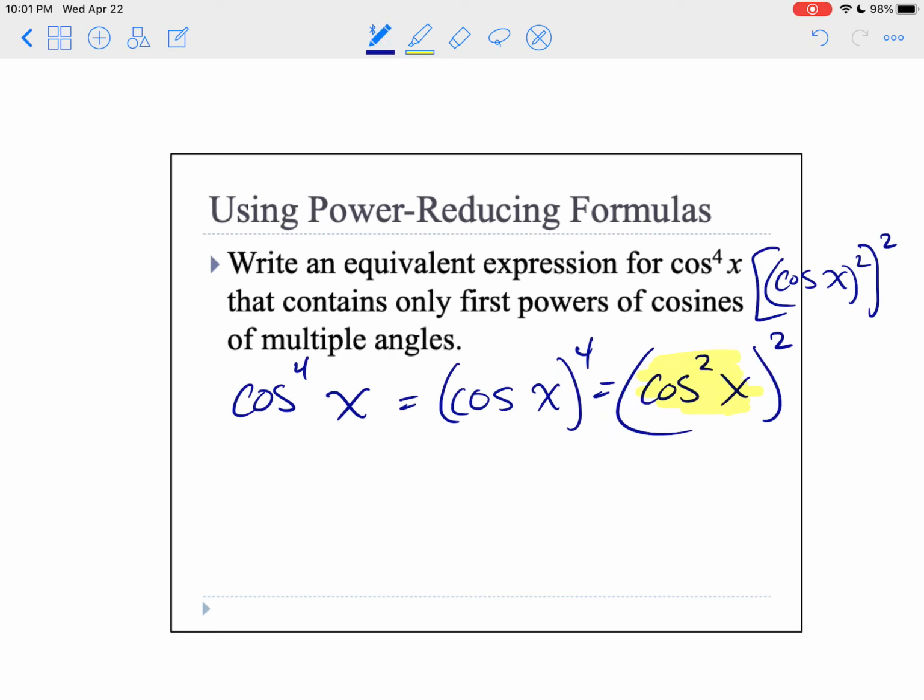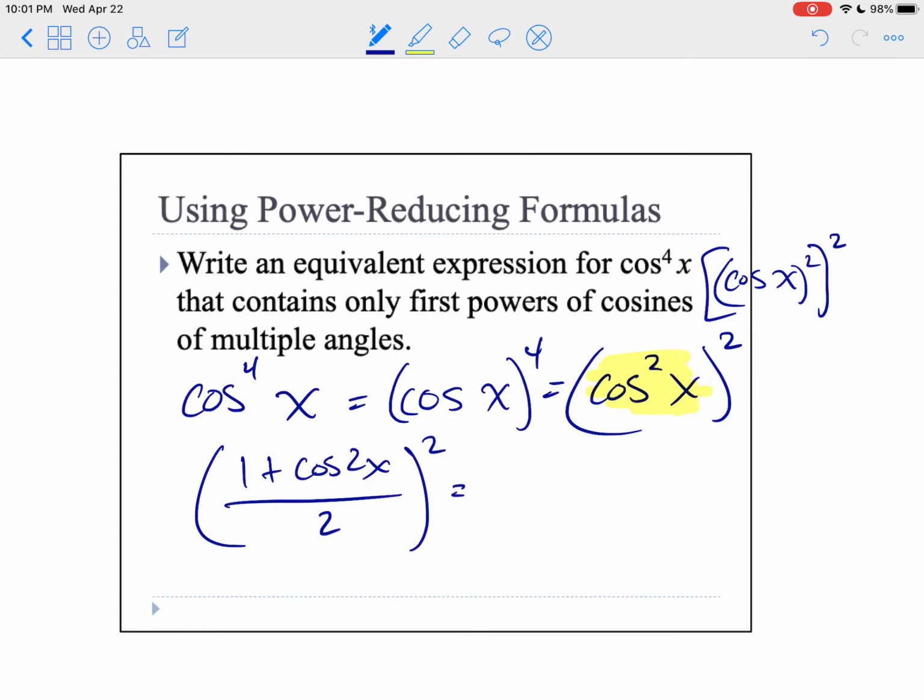So what's in yellow is going to become 1 plus cosine of 2x over 2. But that's still squared, which means the numerator squared, which 1 plus cosine of 2x squared is 1 plus 2 cosine 2x plus cosine squared 2x. And then the denominator squared, 2 squared is 4.